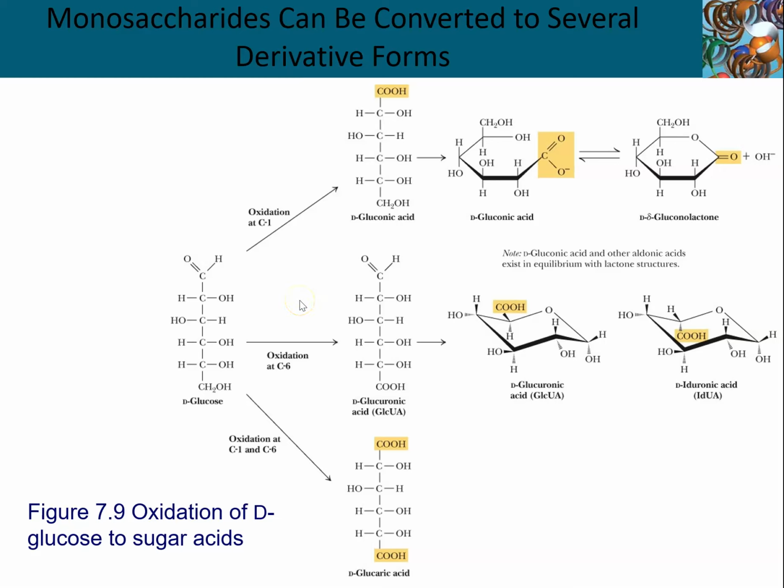You could also then have gluconic acid undergo cyclization, forming a gluconolactone, which is a totally different structure with the lactone as part of the cyclic structure. You can also oxidize at the C6 position, and you can oxidize at both the C1 and C6 positions. If you oxidize at the C6 position, this is glucuronic acid, and you're going to see this used in modifying the structures of connective tissues quite a bit. So yeah, sugar acids, fairly common modifications.